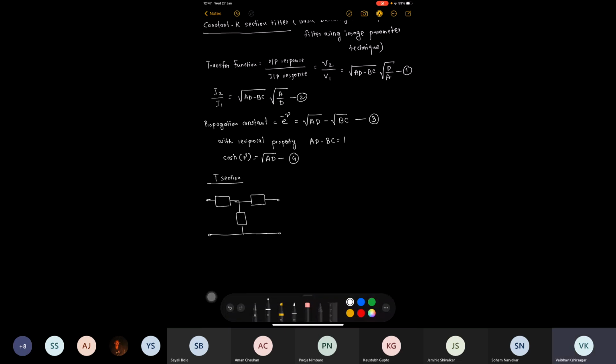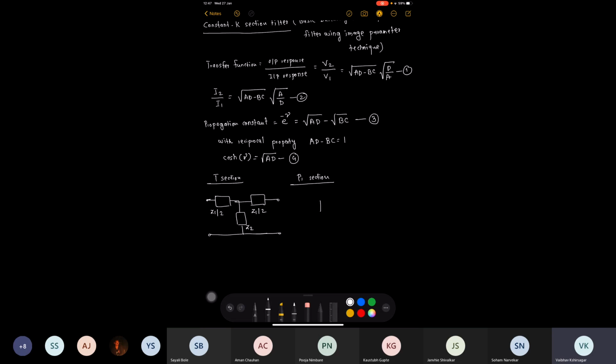So here the impedances we will get Z1 by 2. This is a standard calculation of image impedances: Z1 by 2, Z1 by 2, and this is Z2. Okay. And similarly for pi type of network, pi section, constant K, how they are represented.